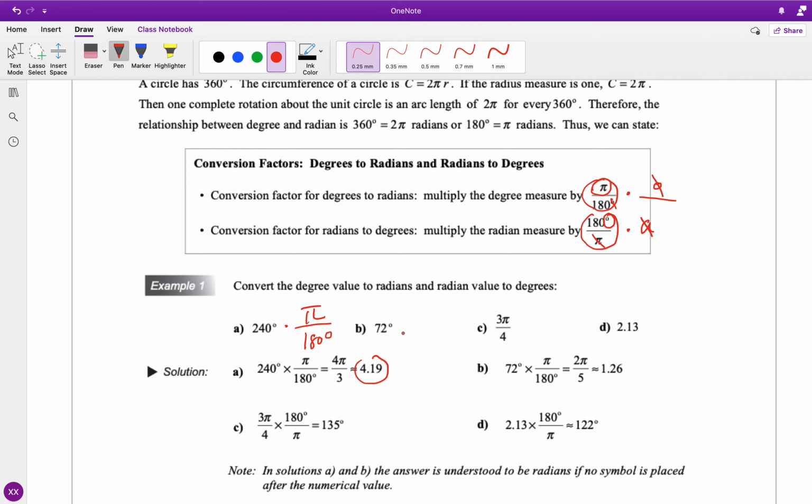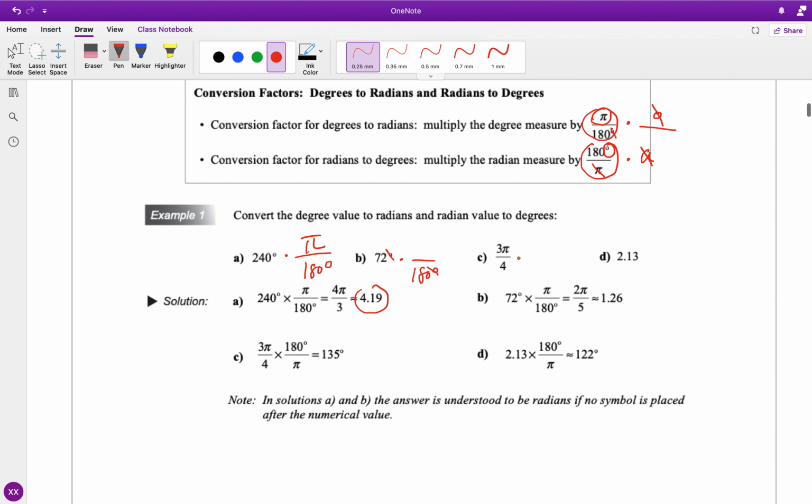So the same thing with this. Always, I need it to become just a length. Length is just a number. Then I must multiply by 180 degrees, so I cancel this degree again. Now here we go. We want to change this into degrees.